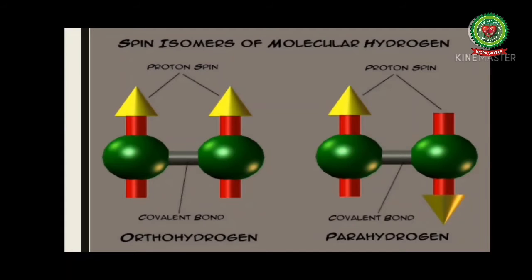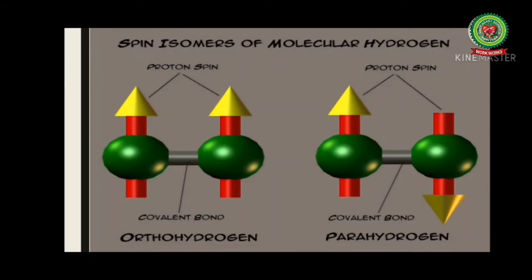Now let's discuss nuclear spin isomers of dihydrogen. In a molecule of hydrogen, the electrons of two atoms always have opposite spins. But as far as protons are concerned, the spin of the proton may either be in the same direction or in the opposite direction.